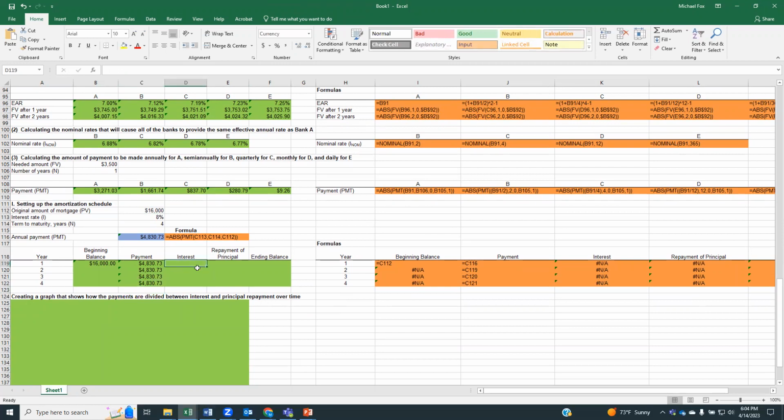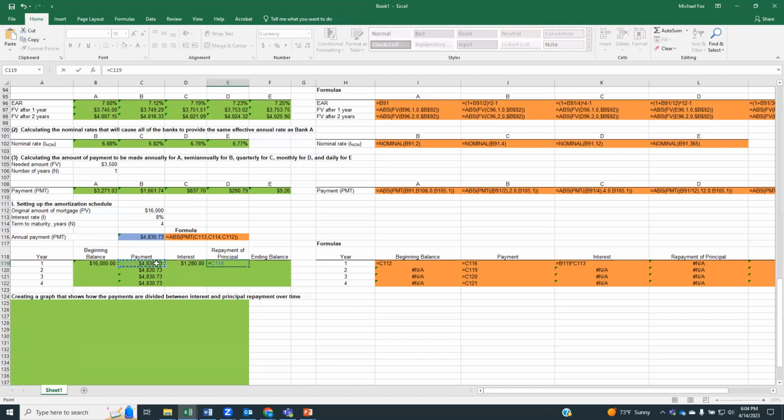The amount of interest is going to be the amount of our beginning balance times the interest rate. So that tells us out of this whole payment of $4,830.73, $1,280 is interest, and the rest of it is going to go to pay principal.